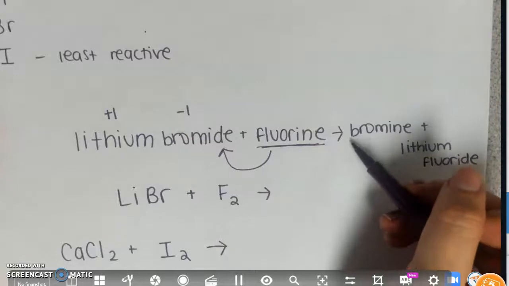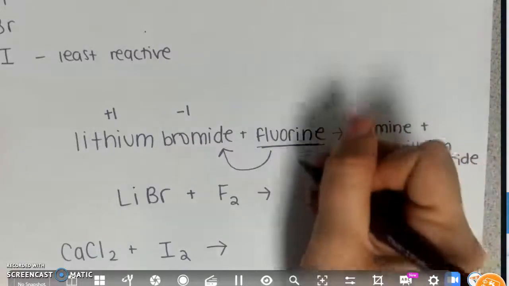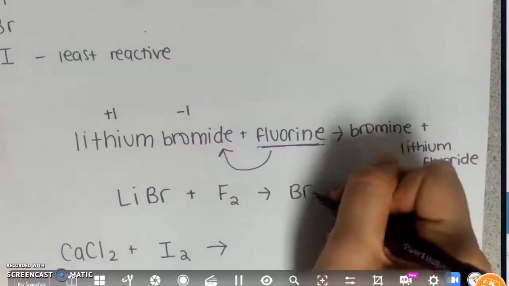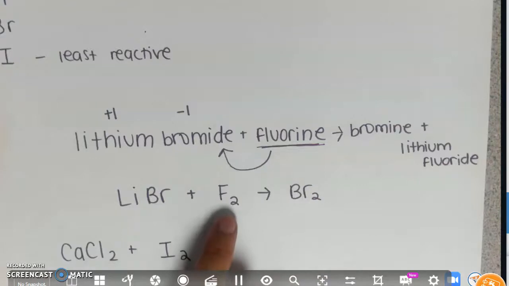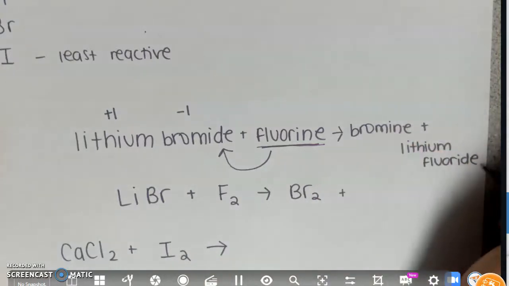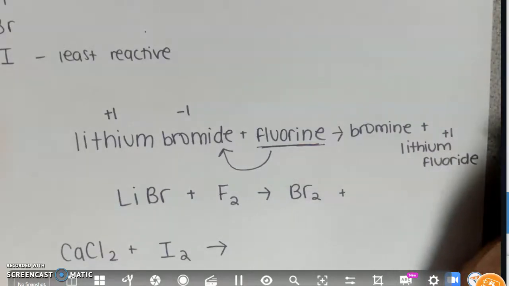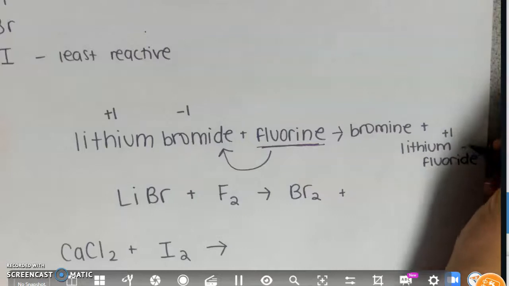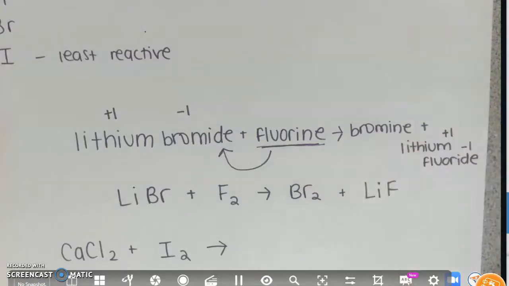Bromine is a diatomic. Over here, it's not bonded to anything, it's alone, so it is Br2. Diatomics only have the subscript of 2 when they're by themselves, not bonded to anything. And then lithium fluoride. Lithium has a charge of +1, and look at your periodic table, fluorine has a charge of -1. So that is LiF.